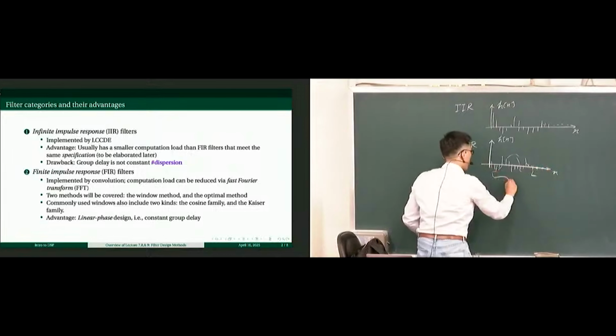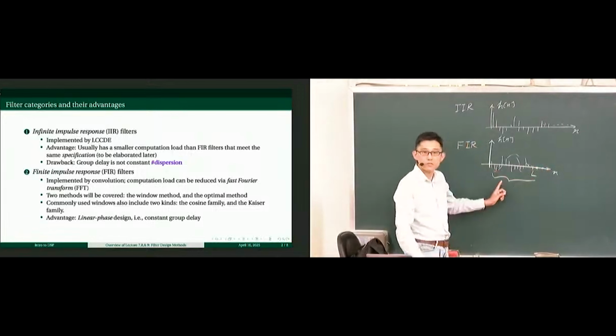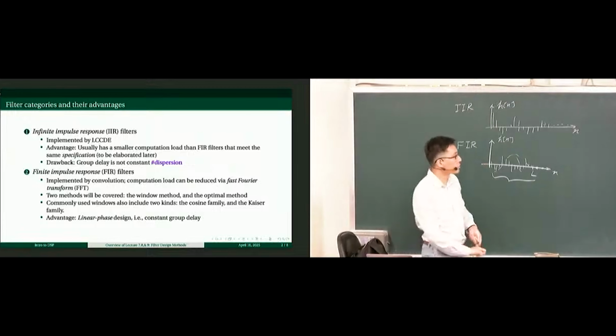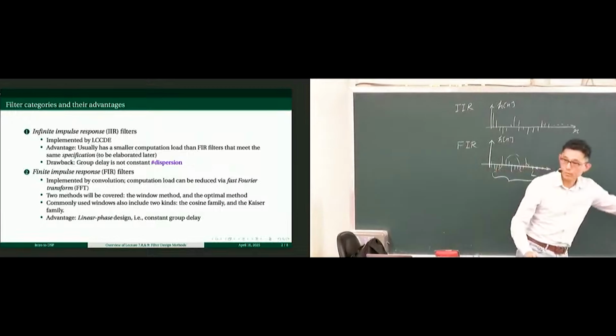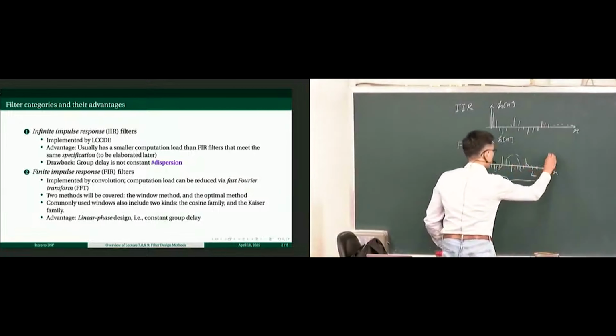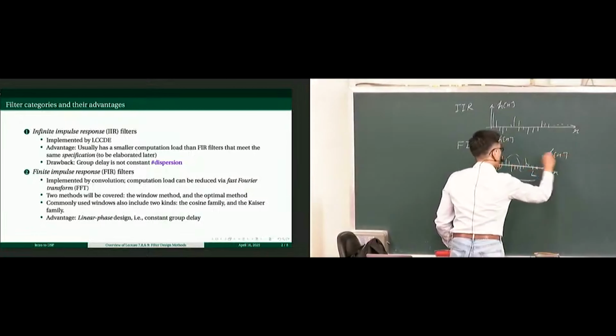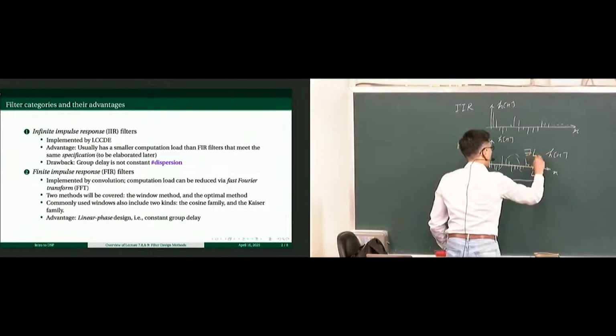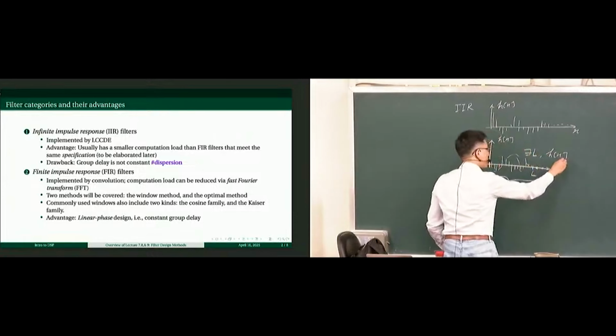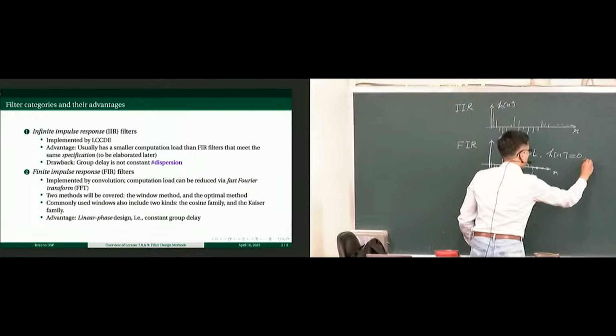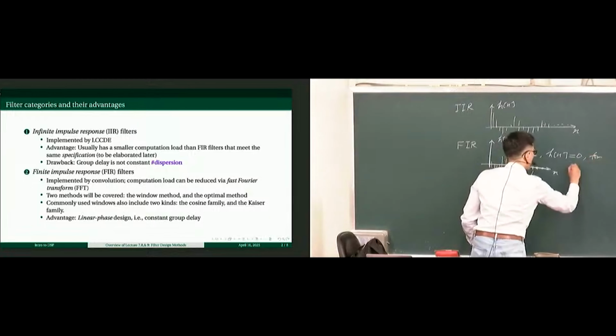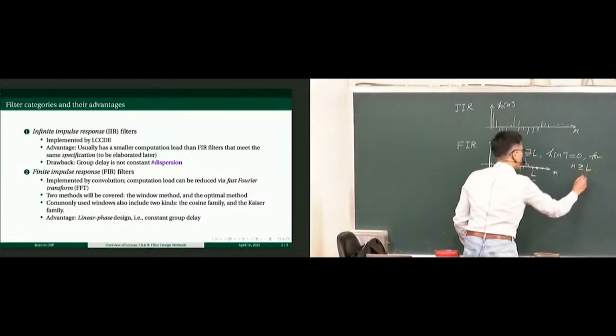We say the duration of this impulse response is finite. Therefore, we have the name finite impulse response. It means there exists a finite length such that h of n is all 0 for n greater than or equal to L, something like that.